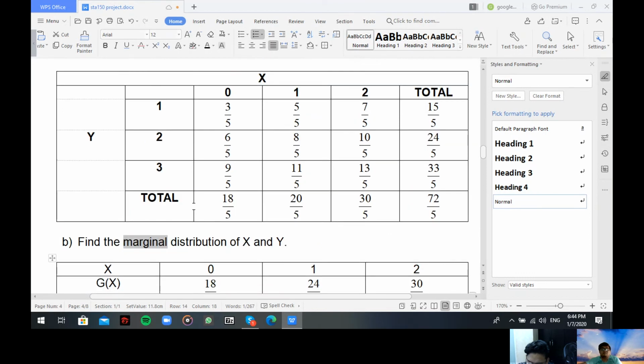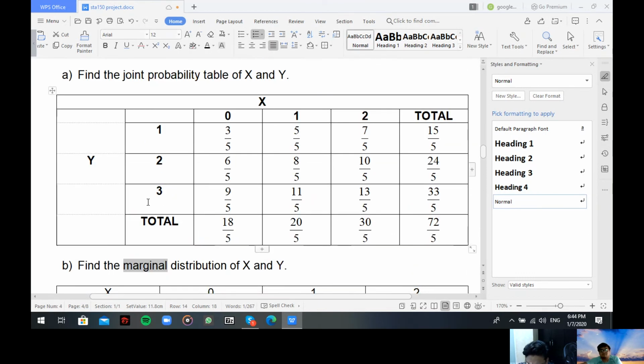So from here, only x plus y equal to 5 is just this one, 13 over 5. So you just take these values: 3 over 5, 5 over 5, 7 over 5, 6 over 5, 8 over 5, 10 over 5, 9 over 5, 11 over 5.